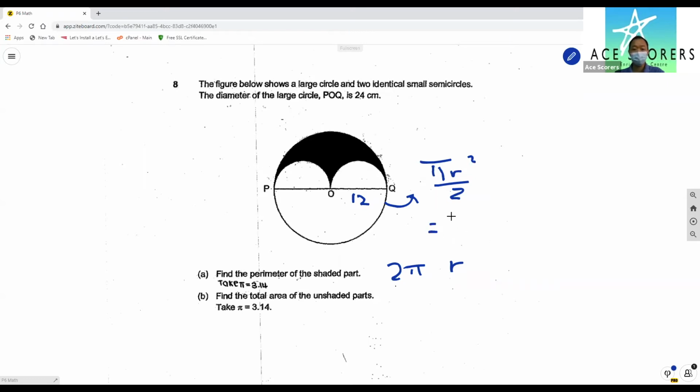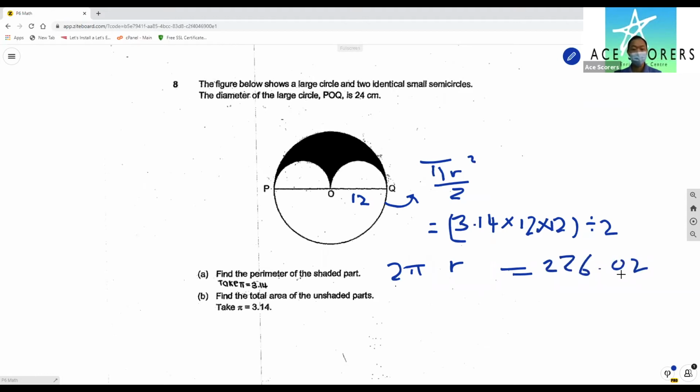Pi is 3.14, so 3.14 times 12 times 12, but the final answer, gotta divide by 2. Okay, and we get 226.08.